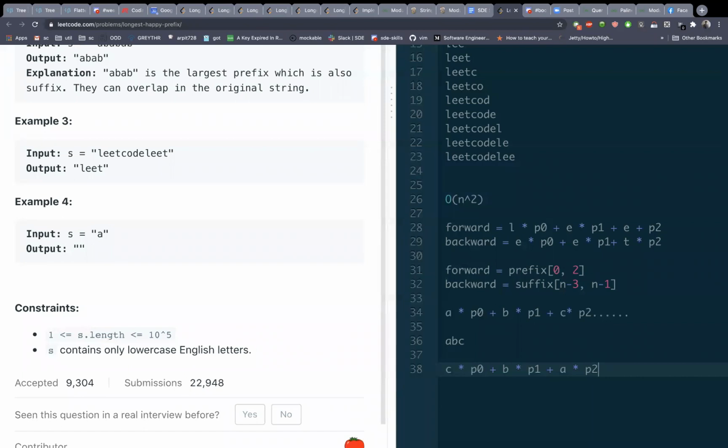If we go by this approach, this is what we will be doing when we move from right to left, right? Right. Maybe you can multiply the number of elements into your base P0 every time you add one more letter, right? Yeah.